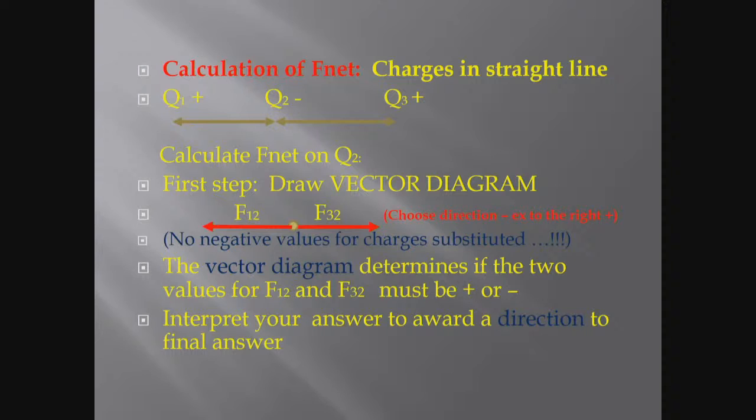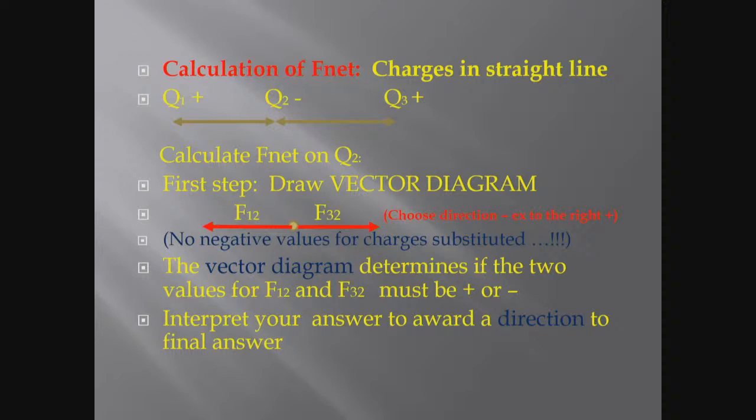So F1 is applying a force to the left on Q2, therefore my force acting to the left is indicated here, and then Q3 is positive, and therefore Q3 will exert a force to the left on Q1.